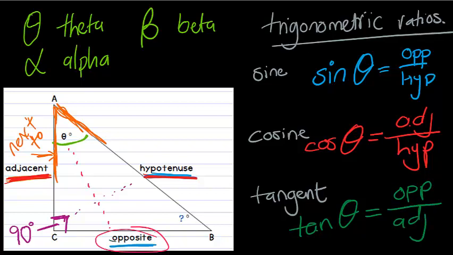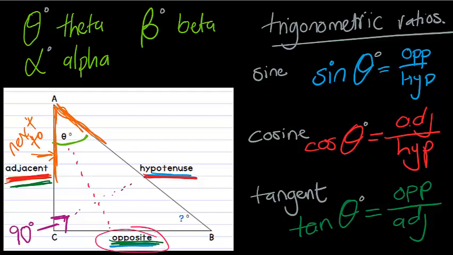So the opposite side divided by the adjacent side gives me the value of tan of theta. Now, what is very important that I didn't do is you must always have your degrees sign when you are drawing or writing referring to an angle.